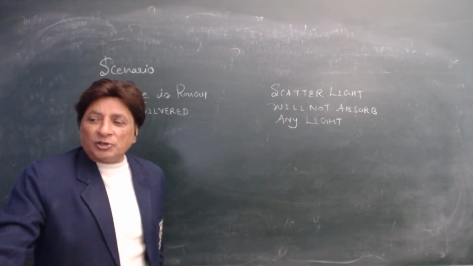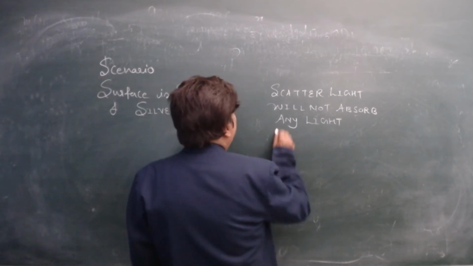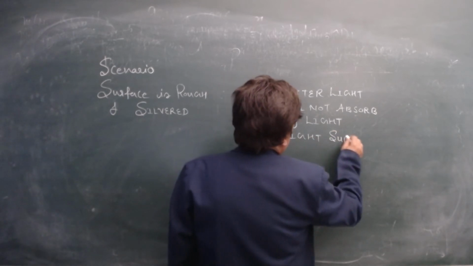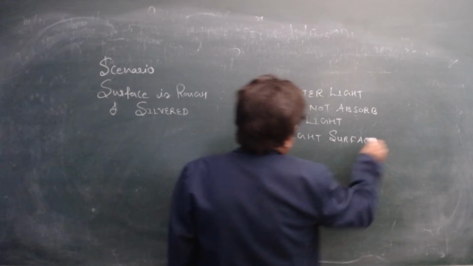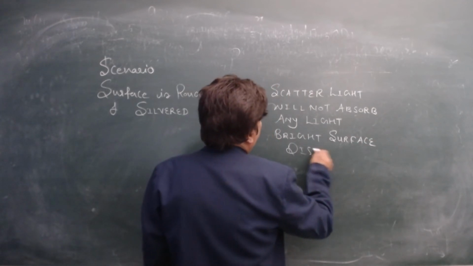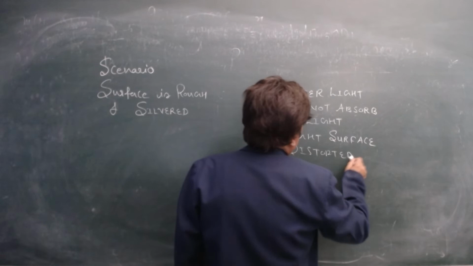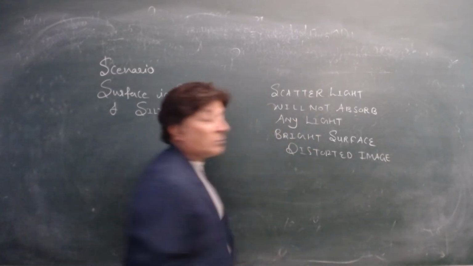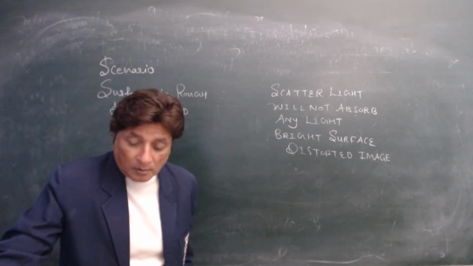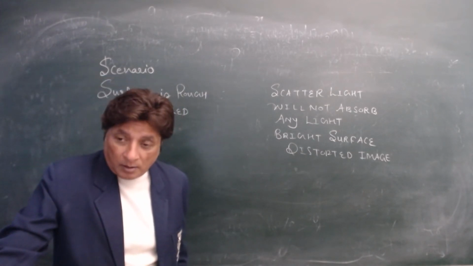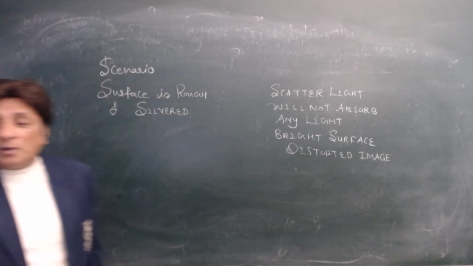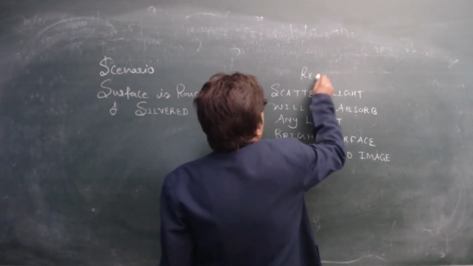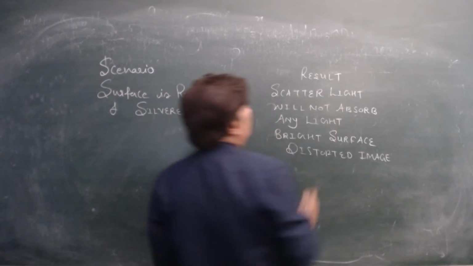Now you'll put a question. Bright surface, distorted image. Now I'm just saying the scenario, and there is a result.